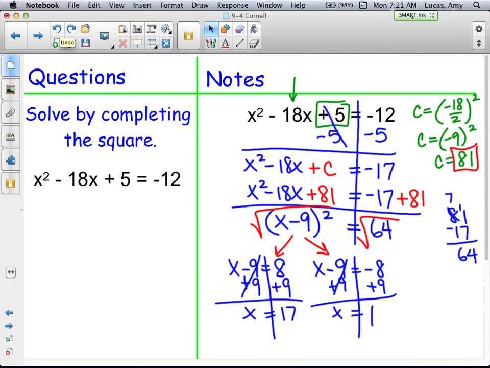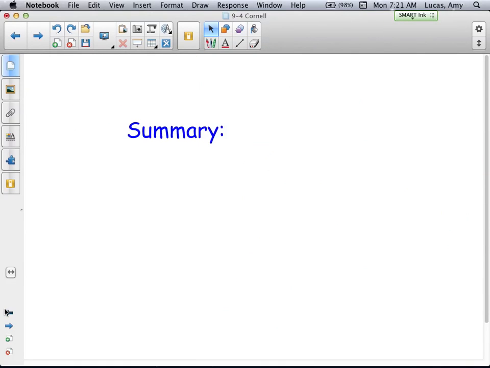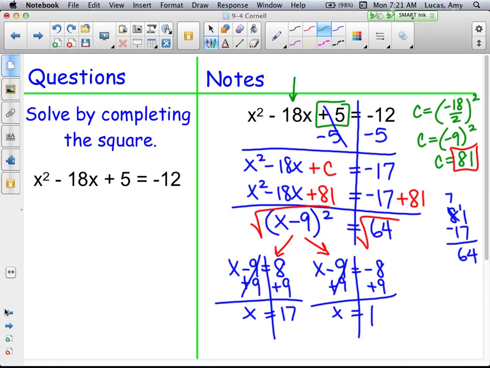Now, this is our last example. So I want to make a point of telling you that this number over here does not have to be a perfect square. And if it's not a perfect square, that's okay.